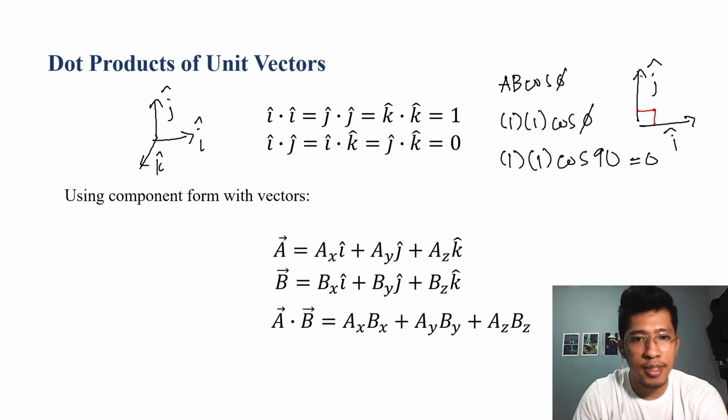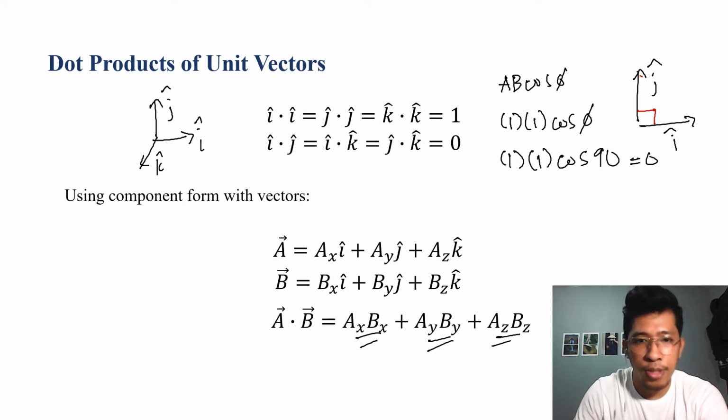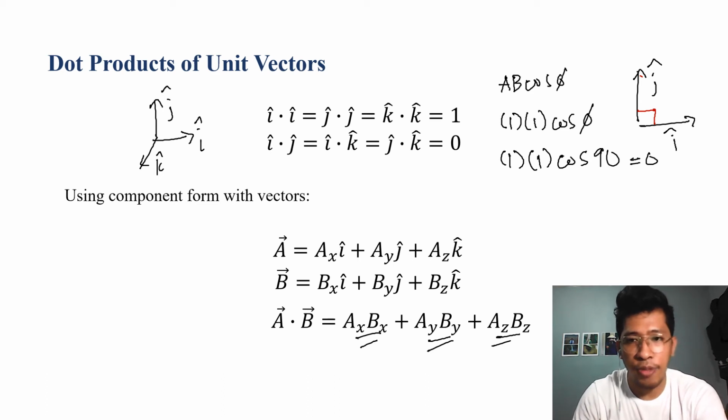So you just multiply the components of your vectors pointing in the same direction. These are all your x components, your y components, and then your z components. The proof of this one will be left as an assignment for you.